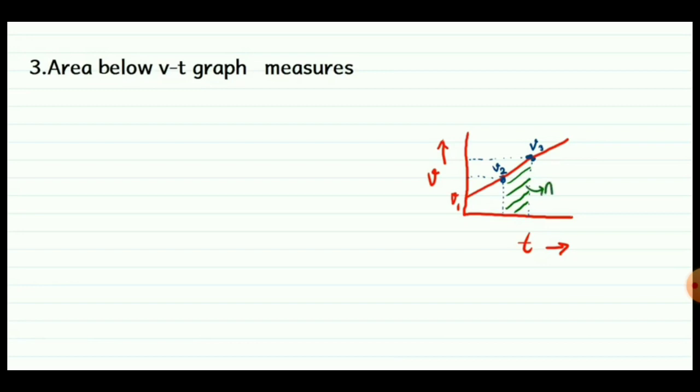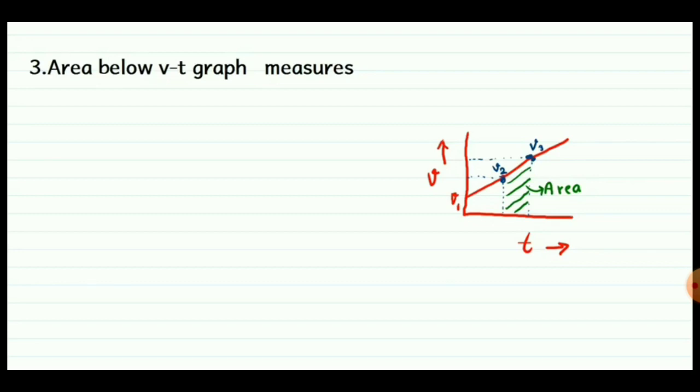Now if we mark the complete shape, it is making a trapezium in this figure. So what would we know about the area under the VT graph? What is the area, student? It is the complete space that has been occupied.